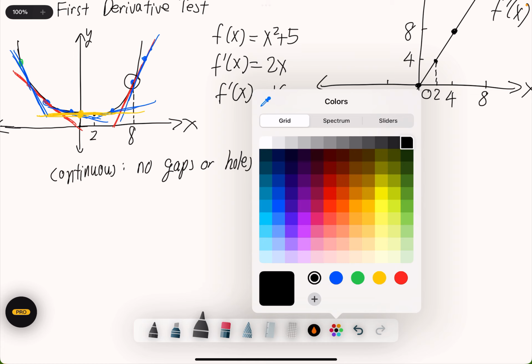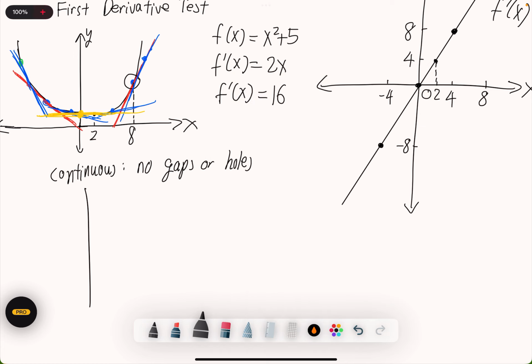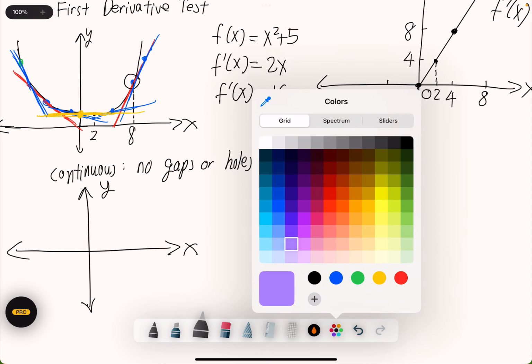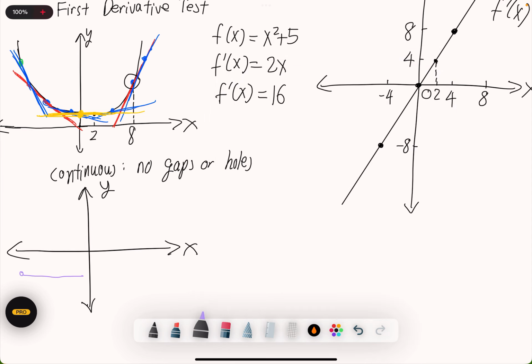An example of a function that's not continuous would be, so that's x, that's y, and it would be like here. So that could be an example.